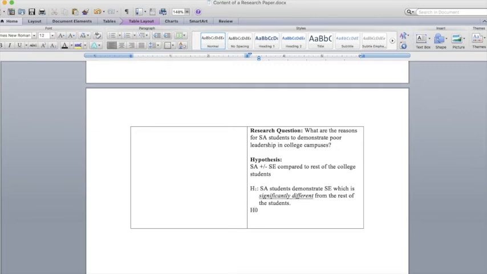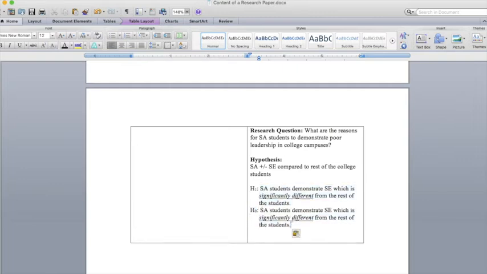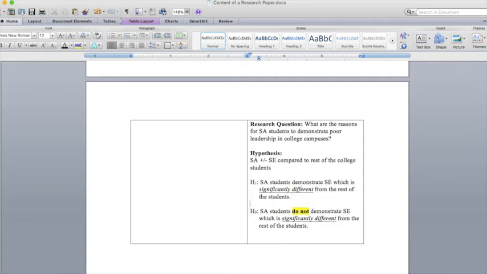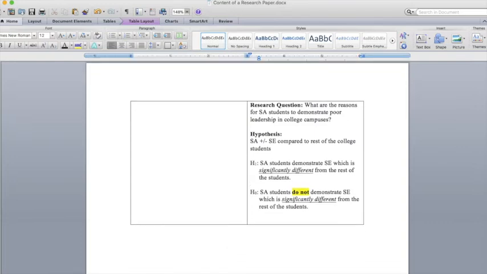I write the null hypothesis here as well. Null hypothesis says South Asian students do not demonstrate self-efficacy which is significantly different from the rest of the students. So remember, it says do not. So there is no difference, which means South Asian students are just like normal. They also have very normal self-efficacy, so there's nothing to talk about.